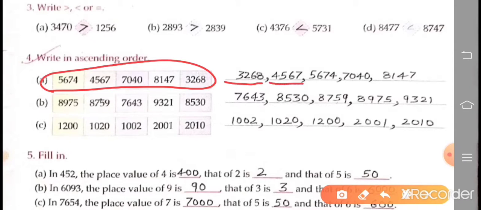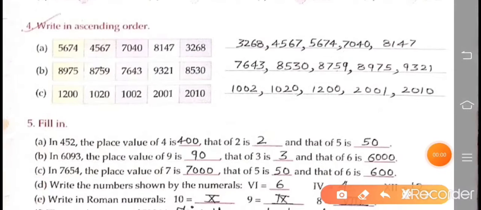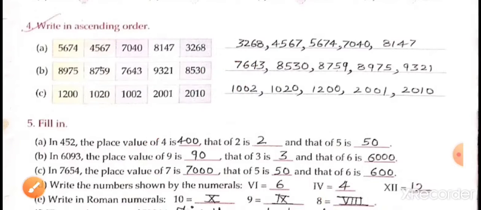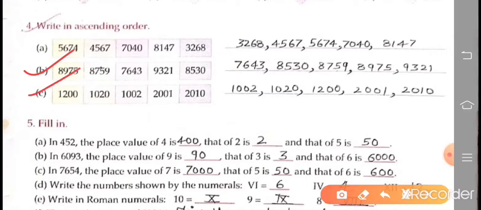Now 4500 67, then 5674, then 7040, and last 8147. Okay, so we have to write from smallest to the largest, meaning we have to move from smallest toward largest. Okay, so like this you have to do question number B and C both.